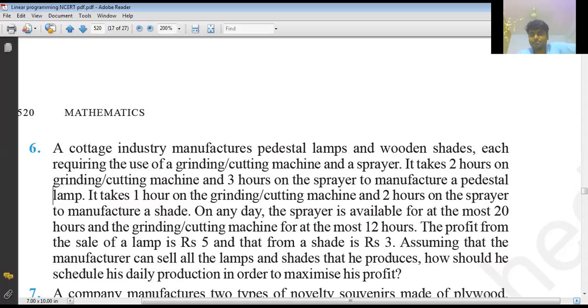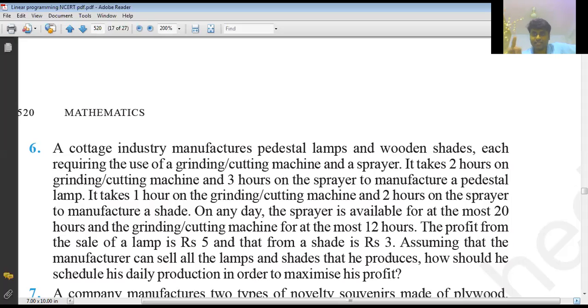It's very easy. Similar question. Now, first of all, you have to identify the objective function, means the profit function, which you are going to maximize. Tell me, what is your first step? Let X be the number of pedestal lamps produced, Y be the number of wooden shades produced.